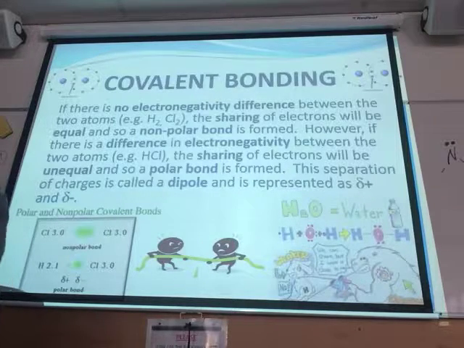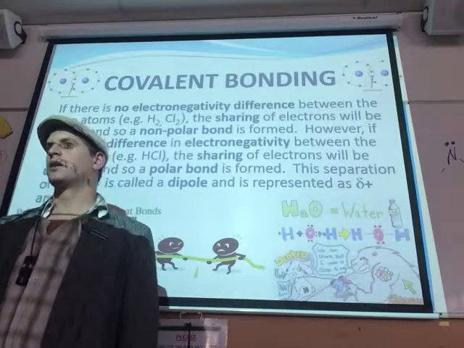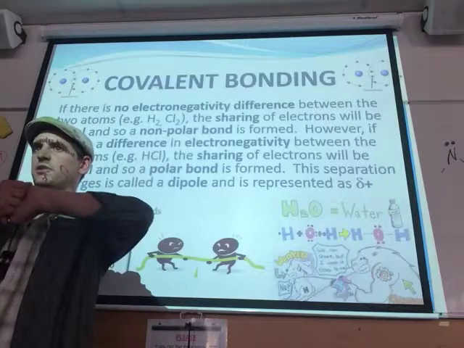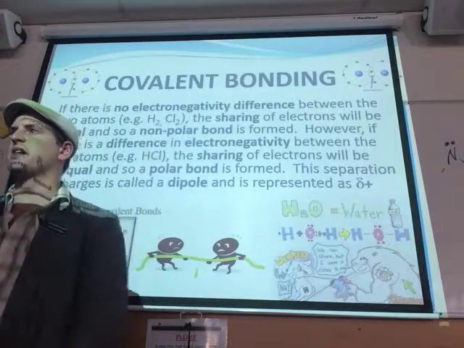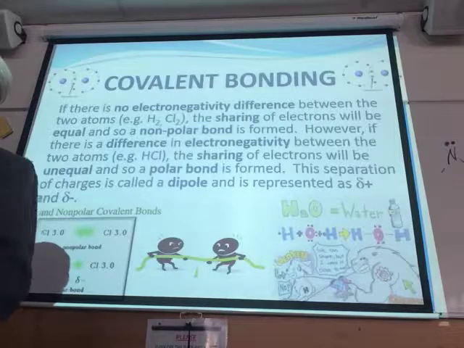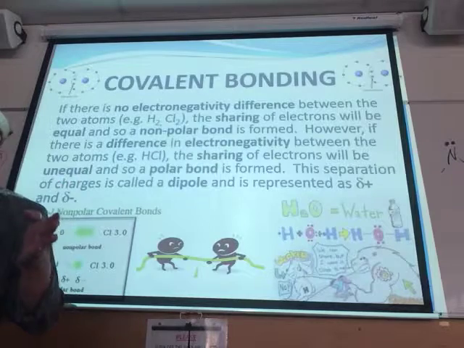There's no direction in which the electrons are being pulled towards, okay? Because they're just in the middle, because the strength on either side is the same. So there's no what we call a pole. When we talk about poles in chemistry and physics, we're talking about one end versus another end.